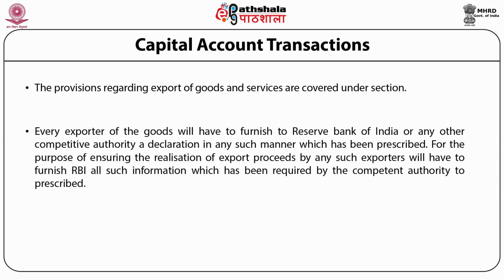Every exporter of goods will have to furnish to the Reserve Bank of India or any other competent authority a declaration in the prescribed manner. For the purpose of ensuring realization of export proceeds, exporters will have to furnish to RBI all such information as required by the competent authority.